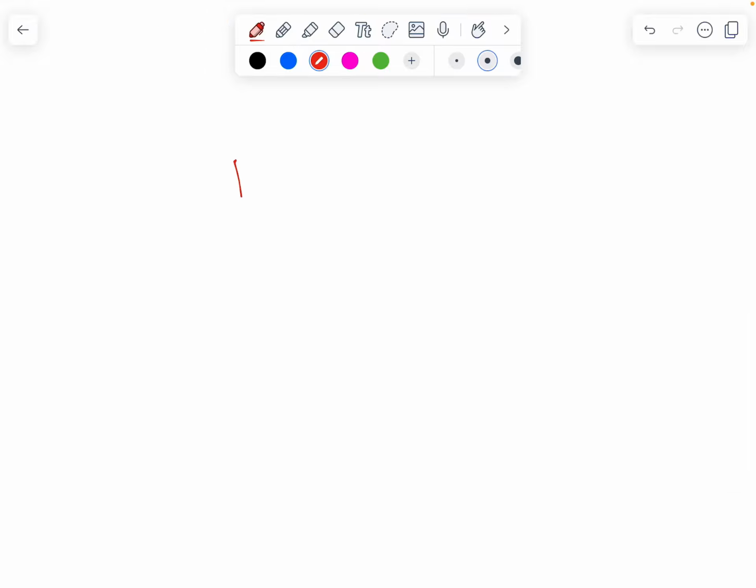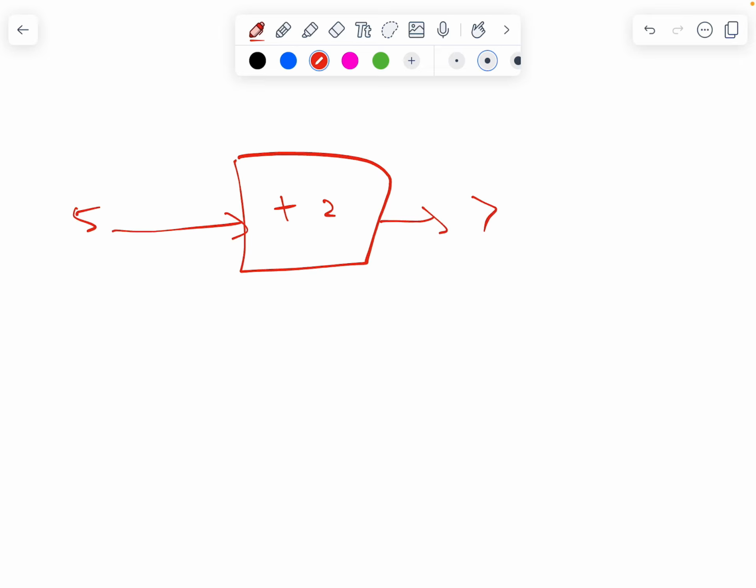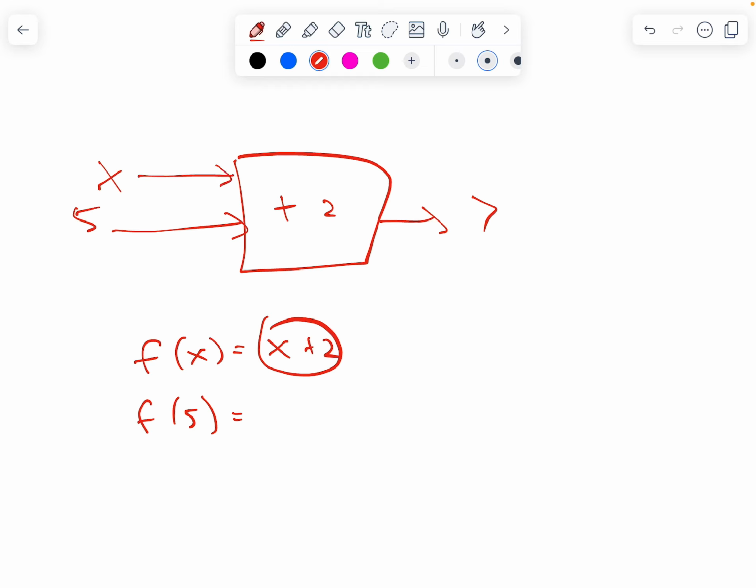So let's go back to our rule. This is our add 2 machine. So 5 comes in and 7 comes out. So the way we write this is f of x is equal to x plus 2. And now when I evaluate this, I'll try f of 5. x plus 2 just means whatever comes into the machine, this is x, whatever comes into it, you add 2 to it.